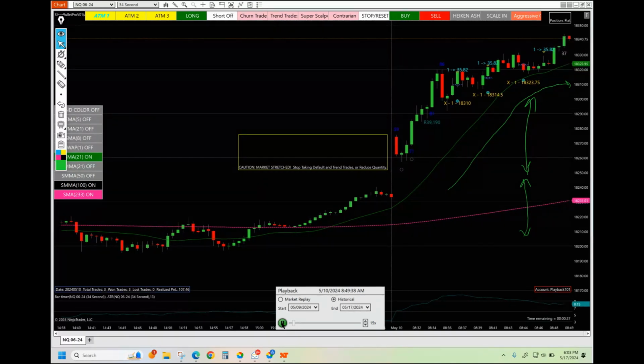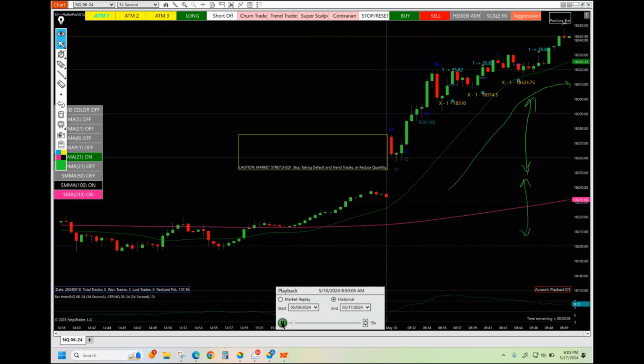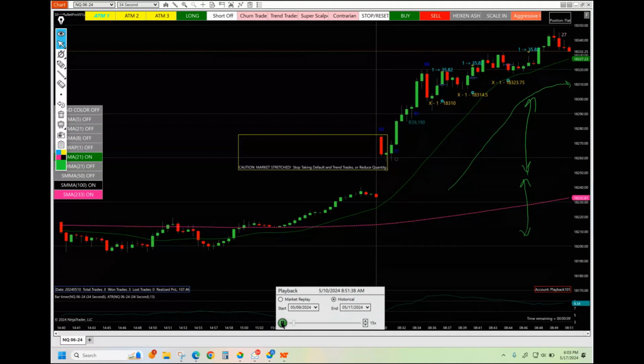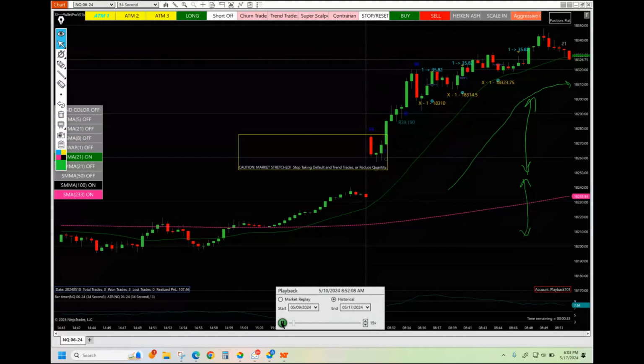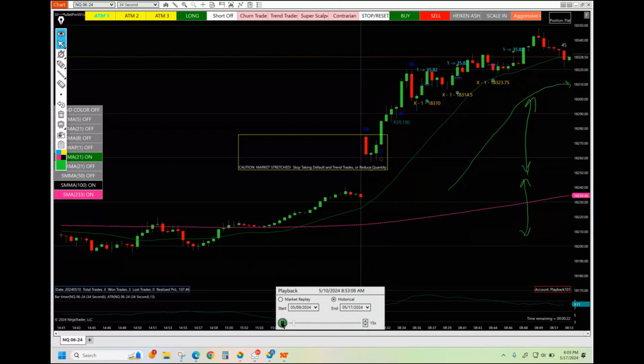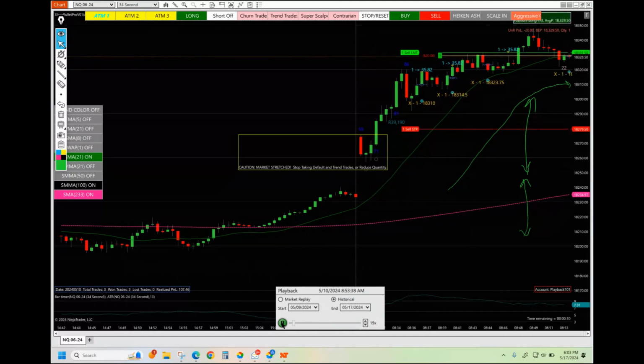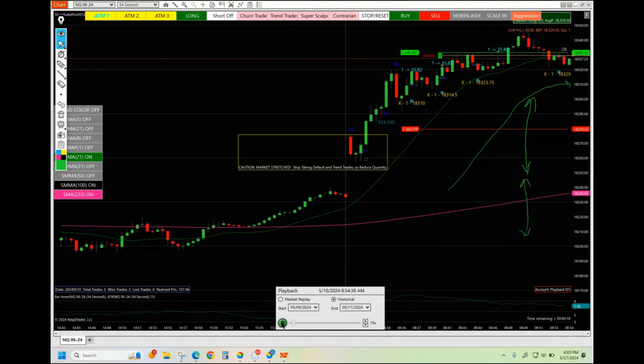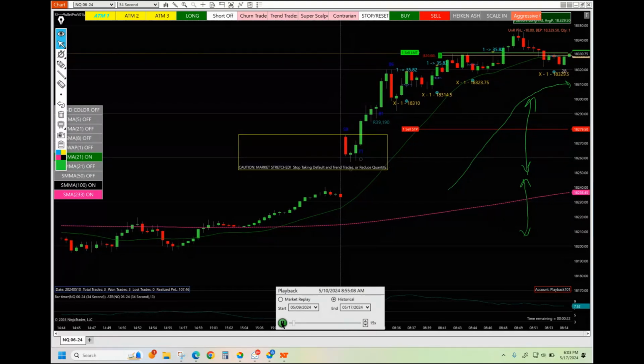So maybe I'll get one more trade. Okay, it's coming down. 21 is nicely angled. Order filled. It's coming down now. Coming back up. Target filled.